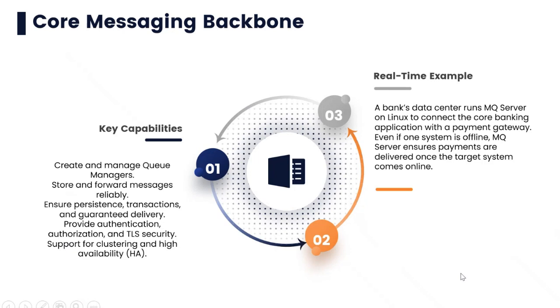So there is no impact even if the payment gateway application is down, right? Why? Because MQ ensures the payments are delivered only once, without any duplicate data and without any data loss. And it will deliver to the target system, which is the payment gateway, as soon as it comes online. So this is a scenario, and these are the key capabilities of IBM MQ Server Edition.